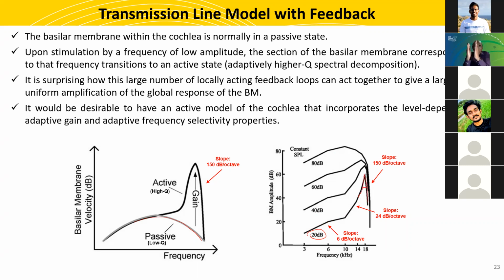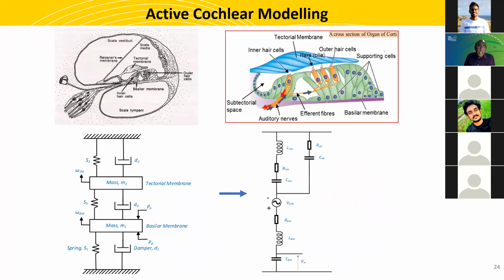It is increasing its gain with a smaller bandwidth. And when you give an input signal of higher dB, it's broader. The Q changes, it's broader, not sharper. So the cochlear filters have to adapt their bandwidth and gain constantly. So we need to include that one. That's the next part of it.